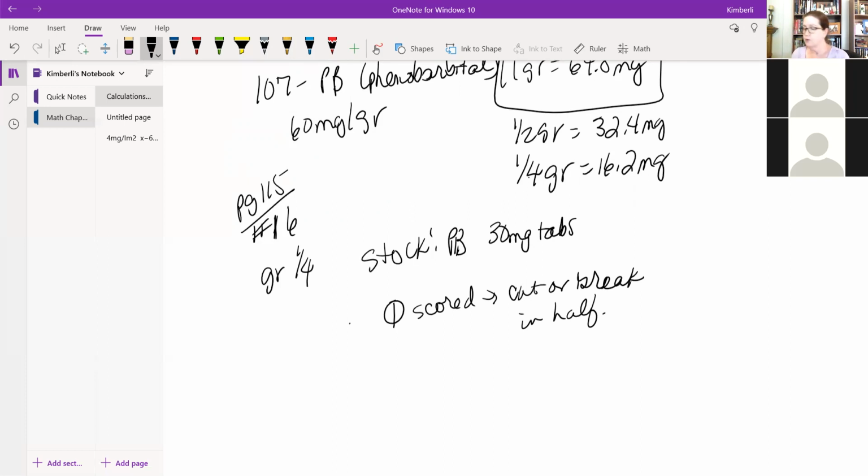So what strength should be used for the dose? Well, right here we see that the 1/4 grain is usually 16.2 milligrams. If we have a bottle like this from a company that doesn't use apothecary notation, then they're just using 30 milligram tablets. Is that the one that you would use?